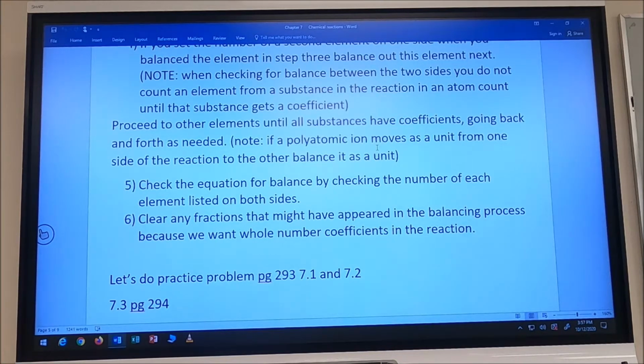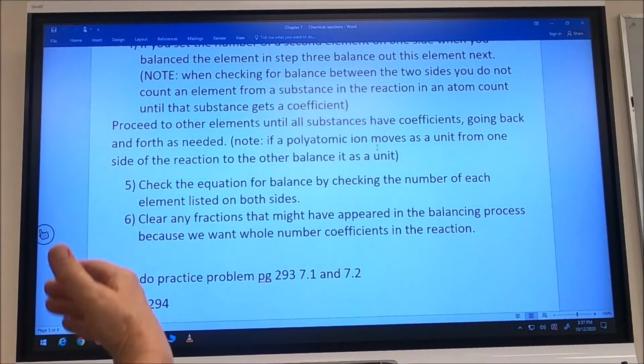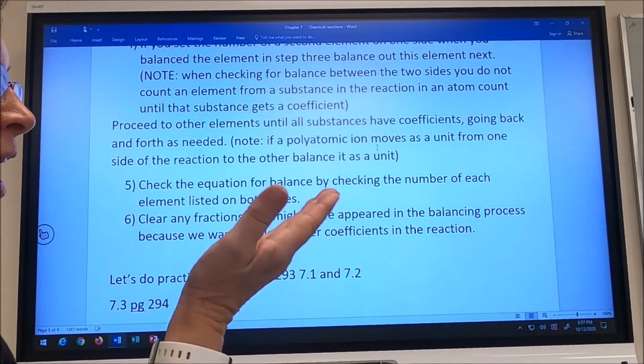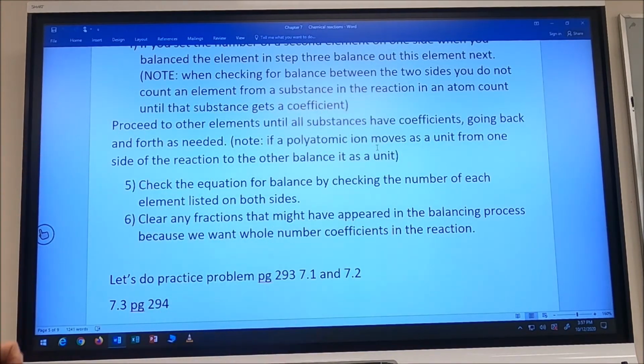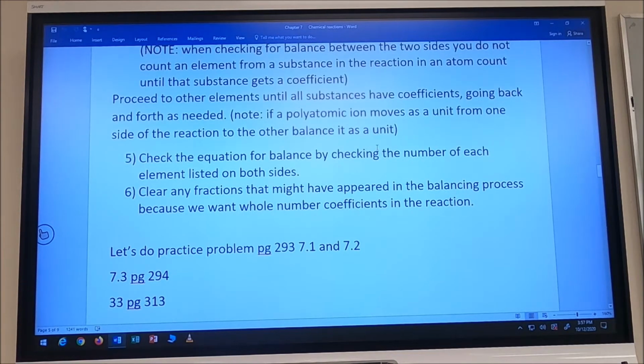Fractions when you're balancing are okay because at the end we're going to clear them out. And remember that an element doesn't count on a side when you're balancing until that member of the reaction has a coefficient in front of it. So we're going to look at some practice problems. We're going to look at practice problem 7.1 on page 293.